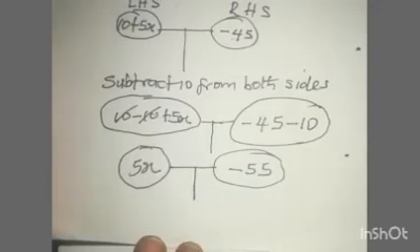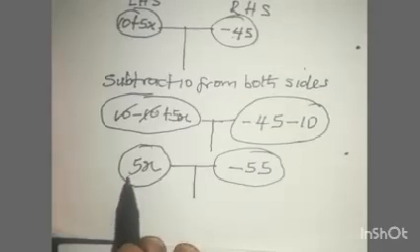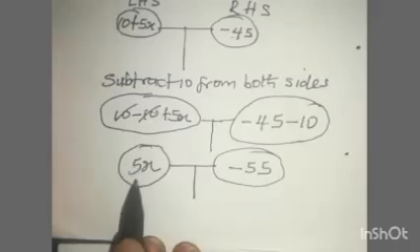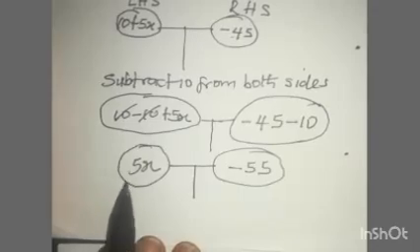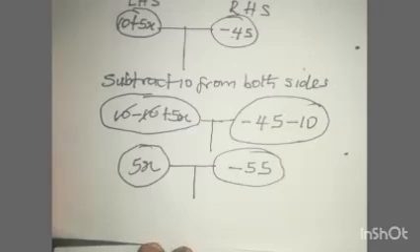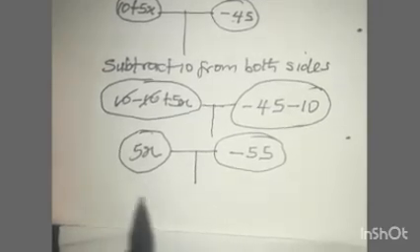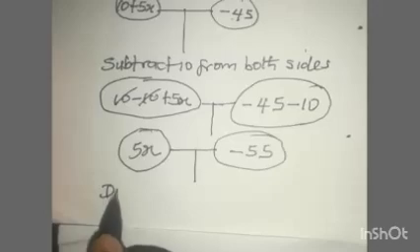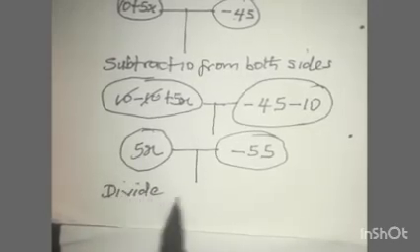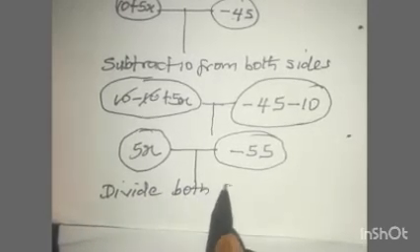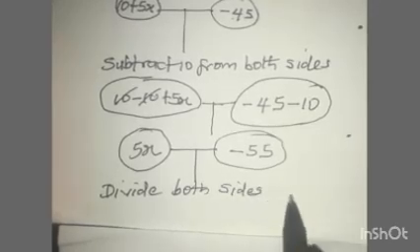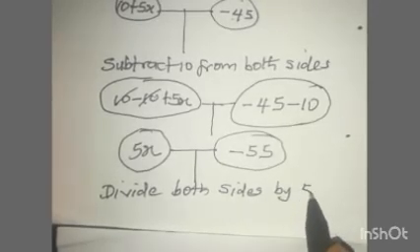Alright, now the next thing is to get the x, but there is a number behind that x. We are going to be eliminating that number. To do that, we are going to divide both sides by that number, and that number is what? 5. So we will divide both sides by 5 so that the 5 that is there can be removed. So let's do that. Divide both sides by 5.